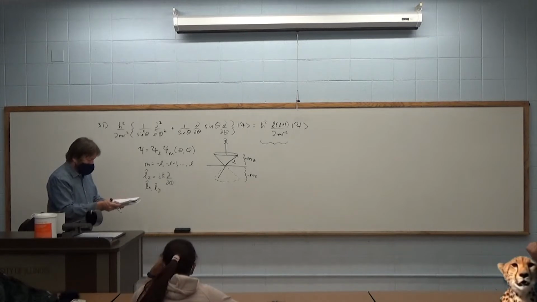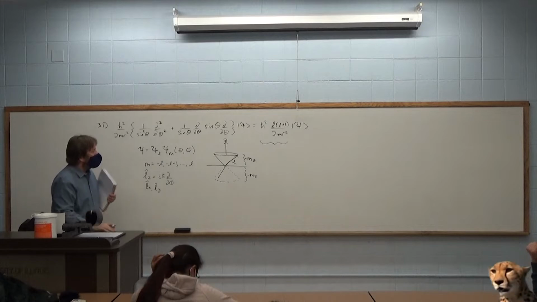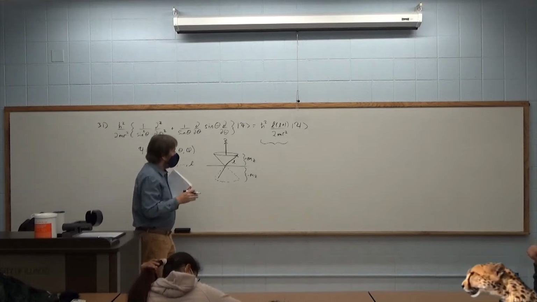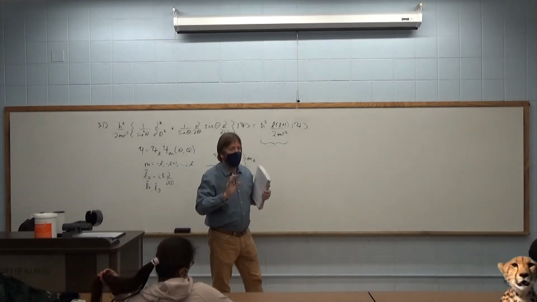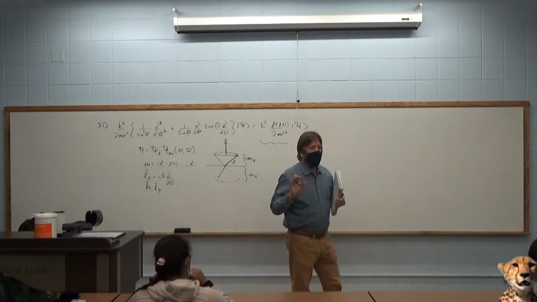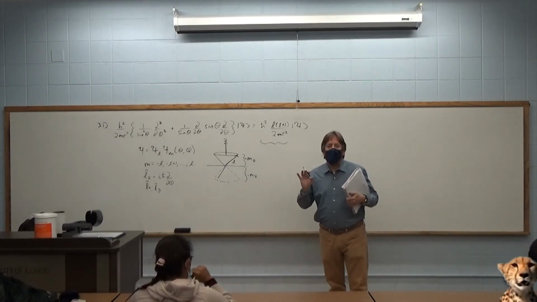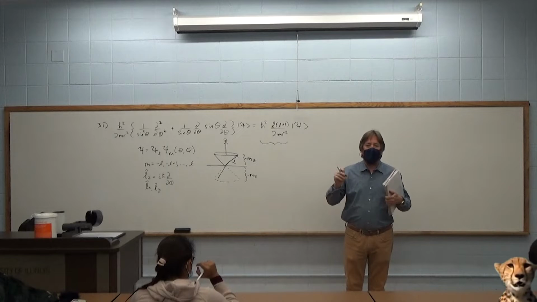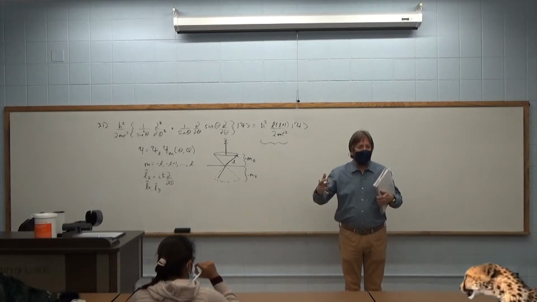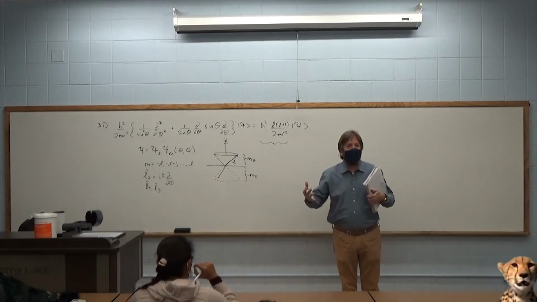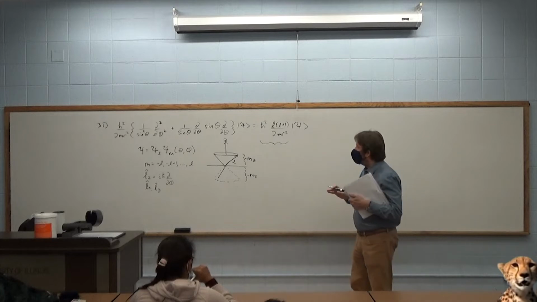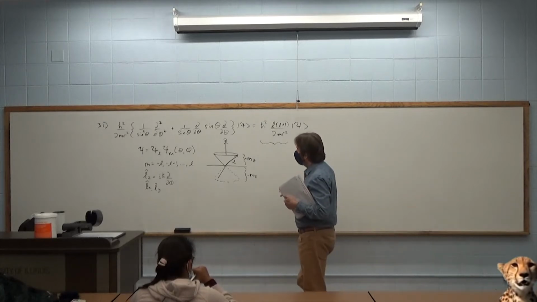Okay, now let me get the big picture before we start reviewing. I'm actually going to review relatively quickly a lot of our operators for Dirac, our Stern-Gerlach. I'm going to review them kind of quickly, just to remind you.